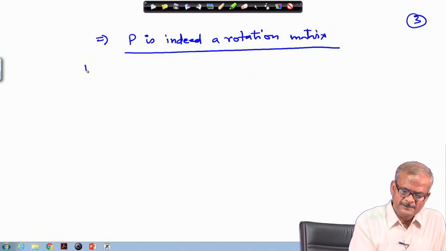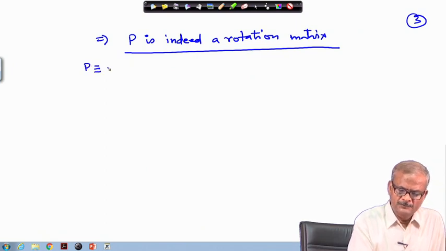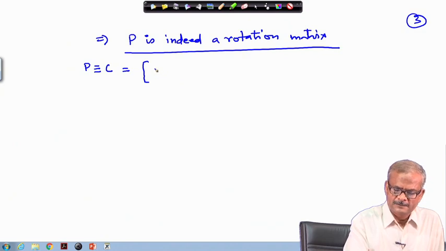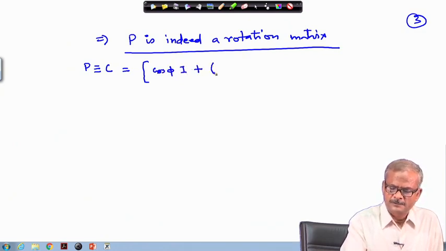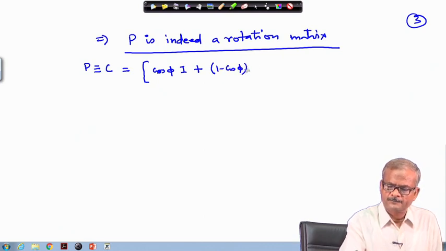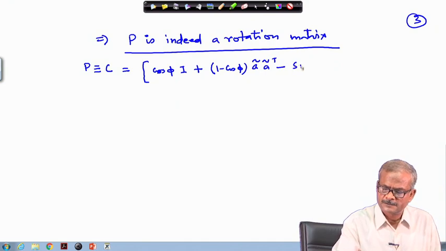So, this means that P is identical to C, and therefore, we can write C as cos phi I plus (1 minus cos phi) A tilde times A tilde transpose minus sin phi A tilde cross.